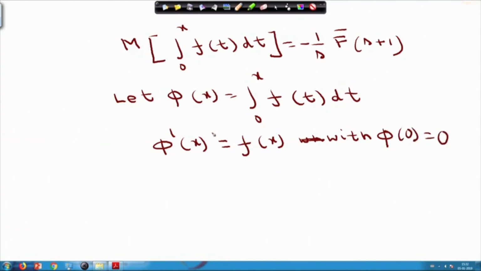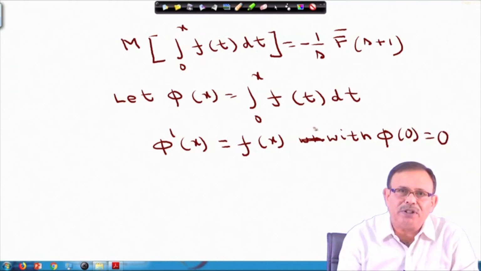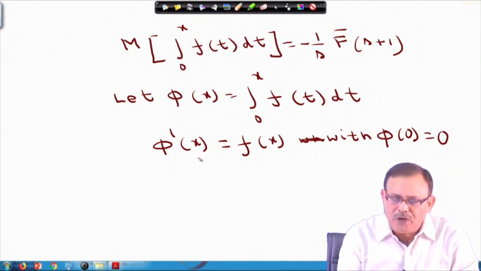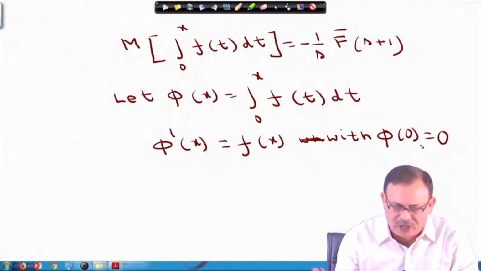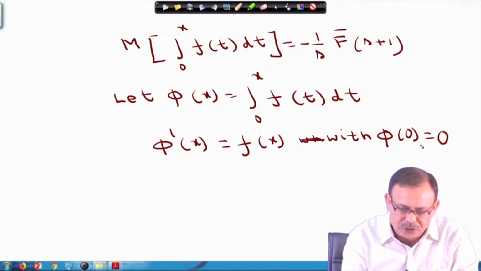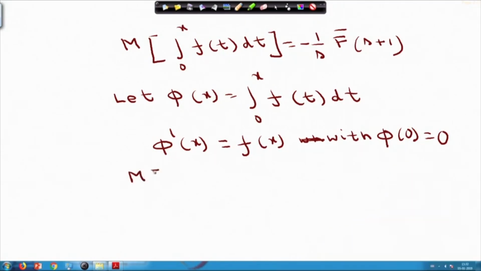So, we are assuming phi(x) equals integral from 0 to x of f(t) dt, and taking the differentiation with respect to x, phi dash x will be equal to f(x), where phi(0) is equal to 0.